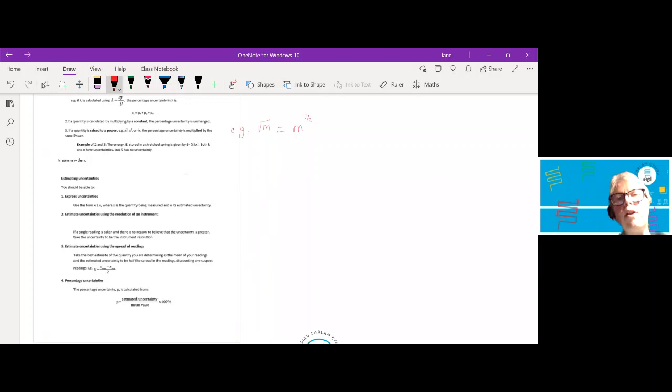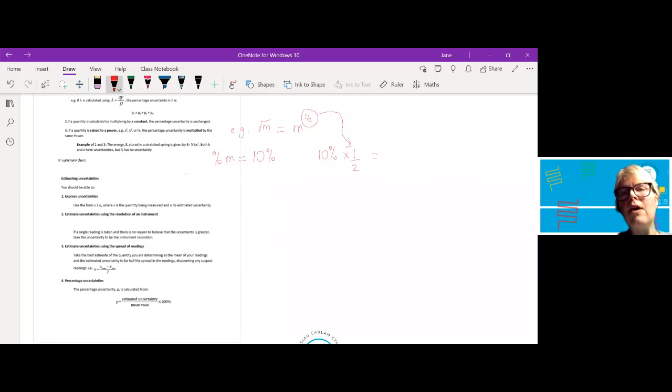So let's say, for example, that 10% is the uncertainty in the mass. Therefore, what we do here is we have to times the 10% by a half because that is the exponent of a square root.